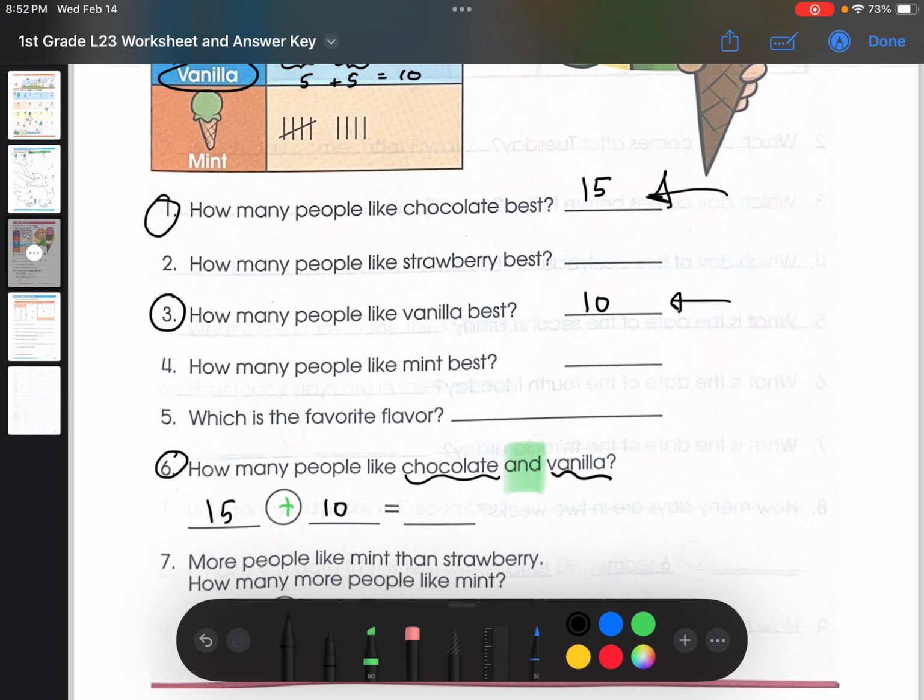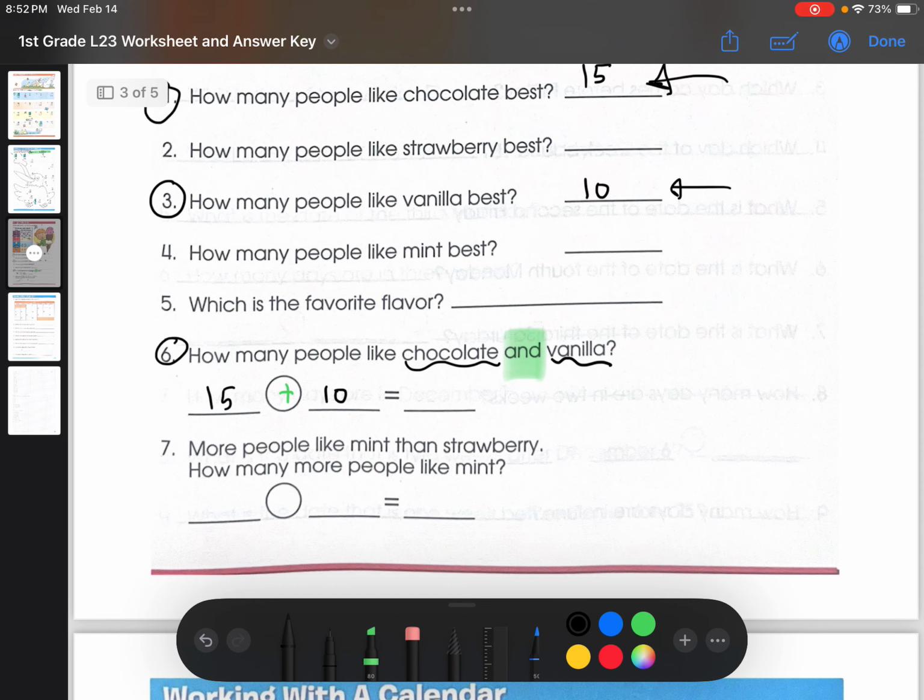So 10 would be the second number. 15 plus 10, if you can't do this, we can put it vertically like this. And then do what we learned earlier. Do the ones place first. 5 plus 0 is 5. And then do the tens place second. 1 plus 1 is 2. So the answer is 25.